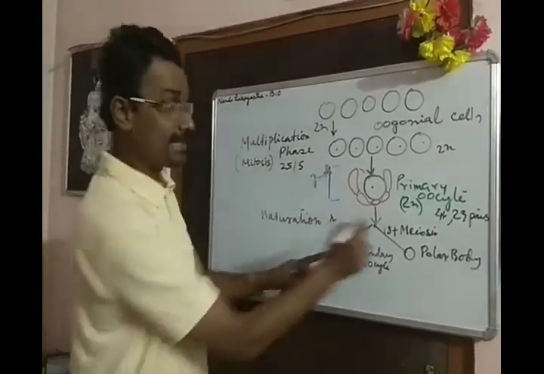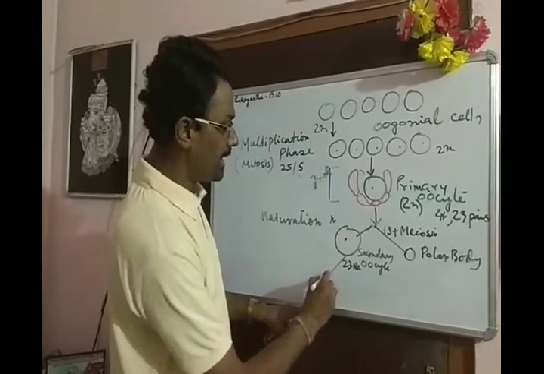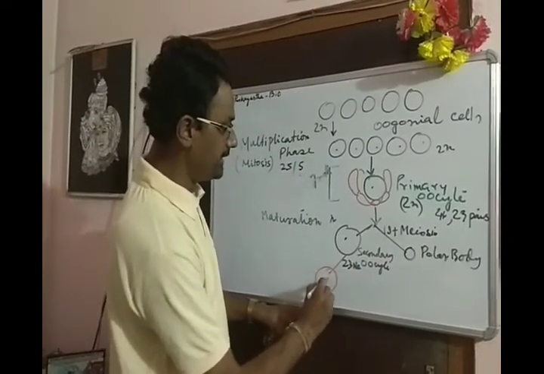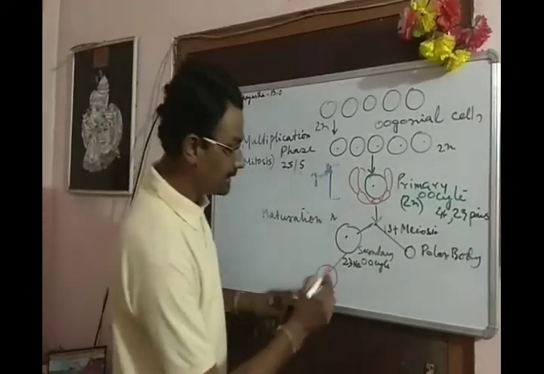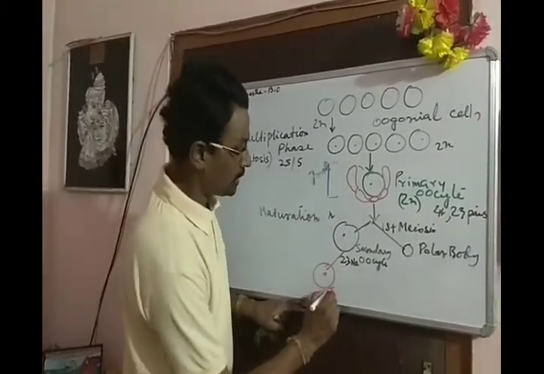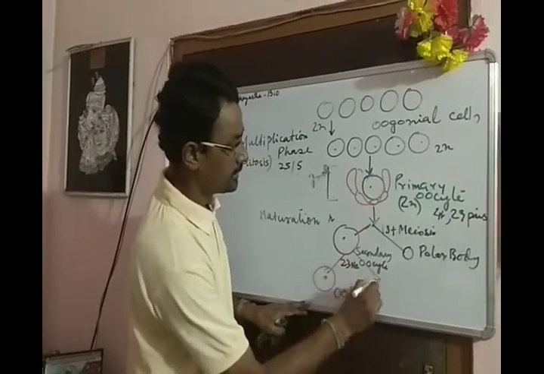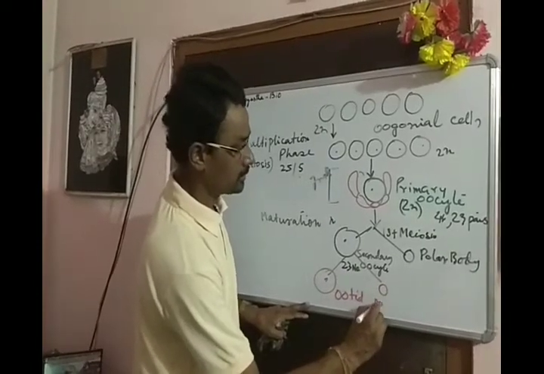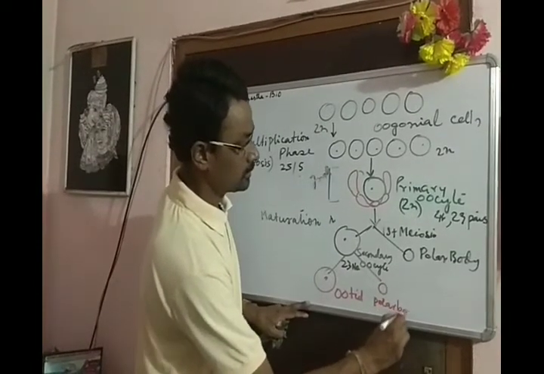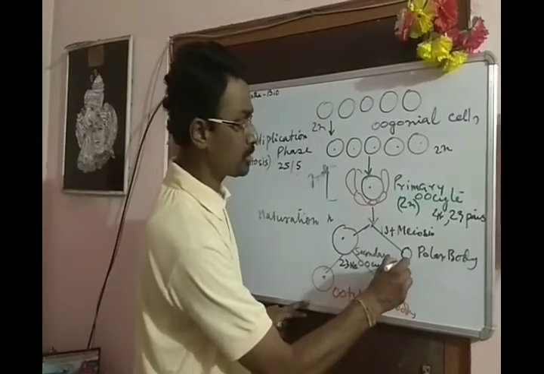Now, next what happens? Again, there will be a second meiosis. When there is the second meiosis, from here you are finding the occurrence of another unequal division. You are finding the ootid here, and another polar body. So here also another division will be there in meiosis 2.